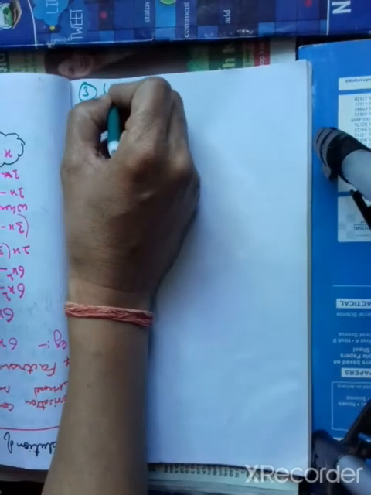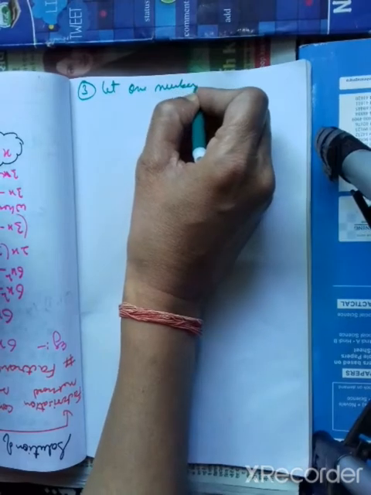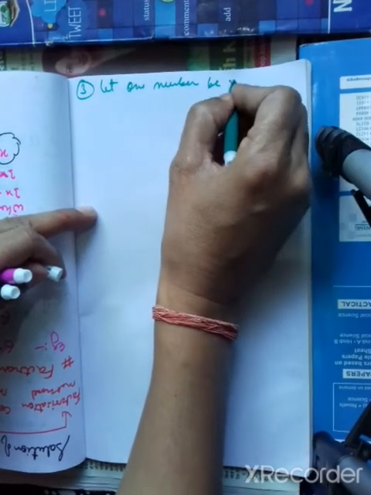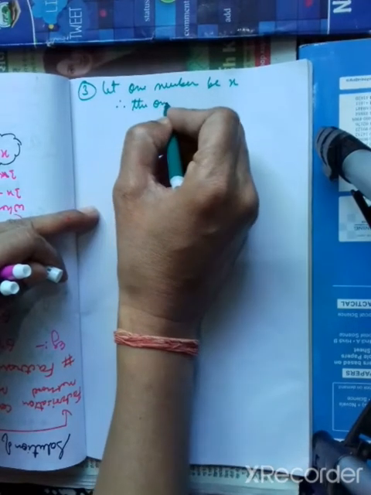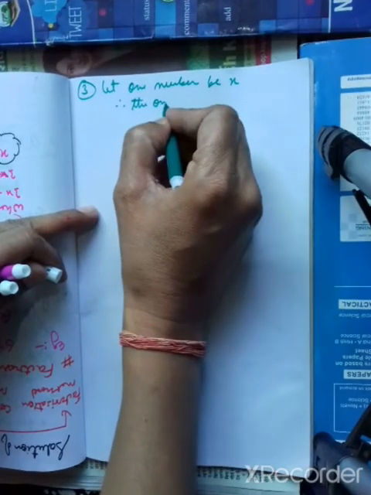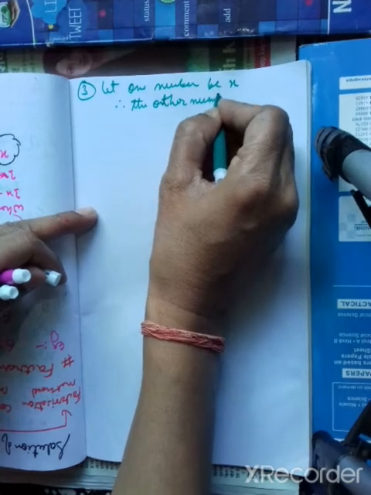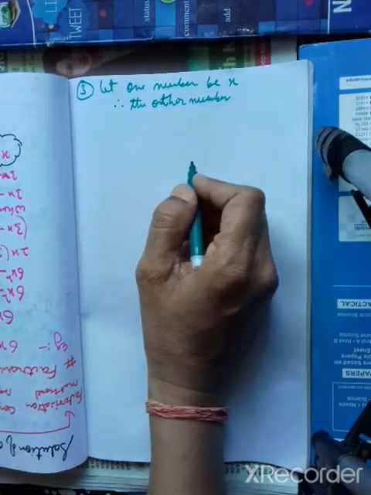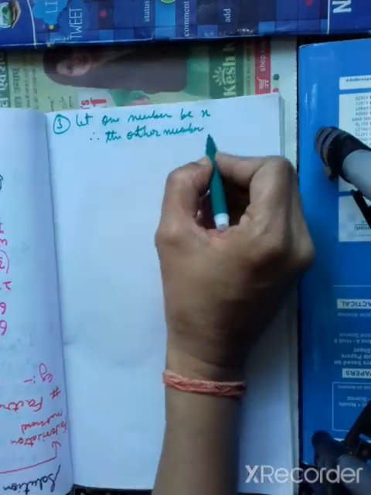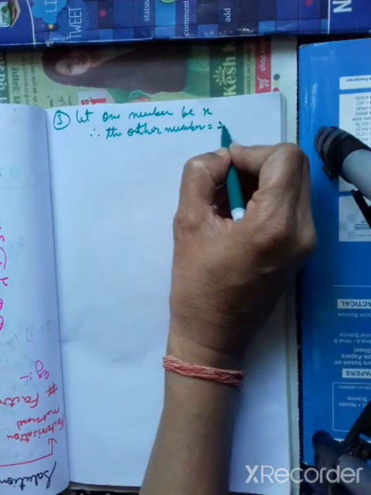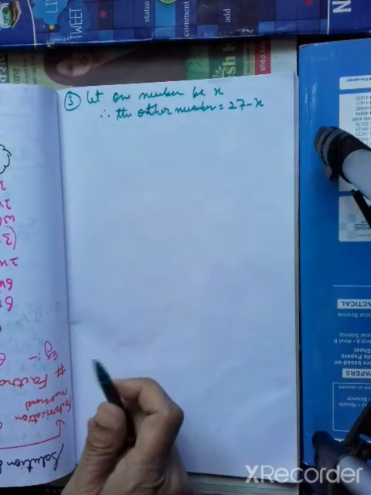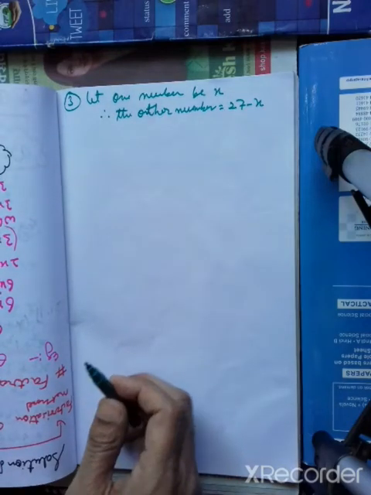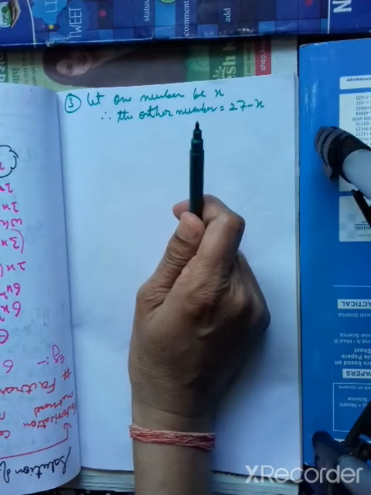Let us consider, let one number out of those two numbers be x. So therefore the other number will be what? Sum was 27, one is x, so the other one will be 27 minus x. Okay. The sum of two numbers is given 27.